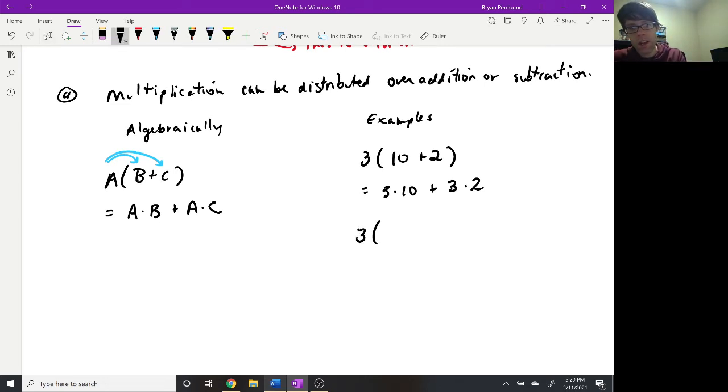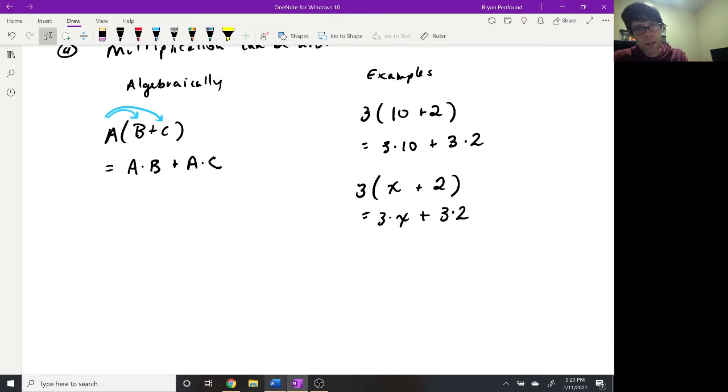So if I change this, instead of putting a 10 here, maybe I don't know what the base is, and I have something like 3 times (x plus 2). Well, I can distribute this 3 through the brackets to get an expression that looks like this: 3 times whatever the base is plus 3 times 2 units. So this is how we think about distribution over addition.